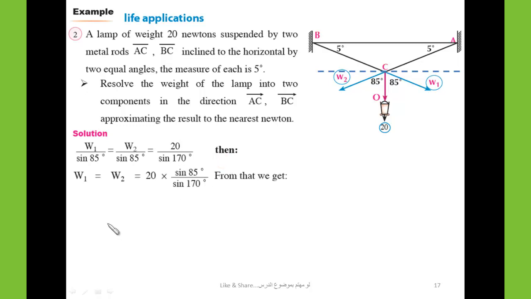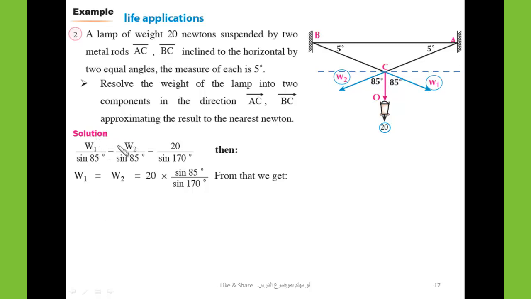Then W1 equals W2, which equals 20 multiply sine 85 over sine 170. From cross multiplication, W2 equals 20 multiply sine 85 degrees over sine 170.